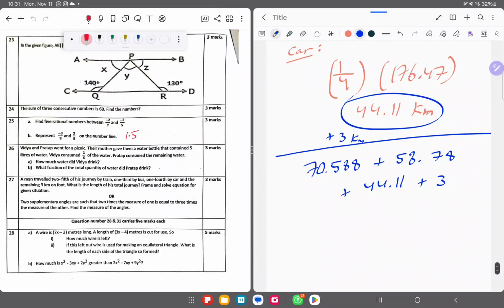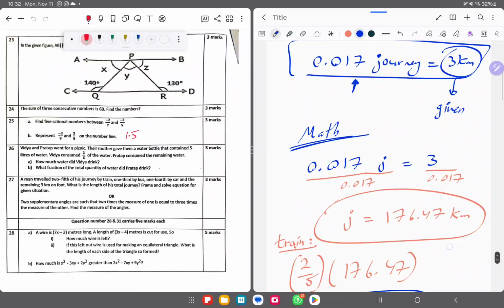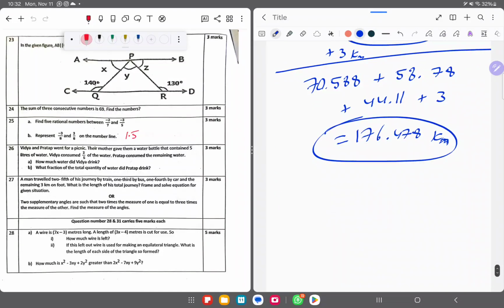It must be the same. The numbers will be different because there are decimals. So this one, 176.478 kilometers. This is the entire journey. Still the same. Doesn't matter.